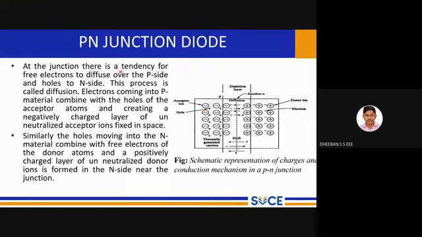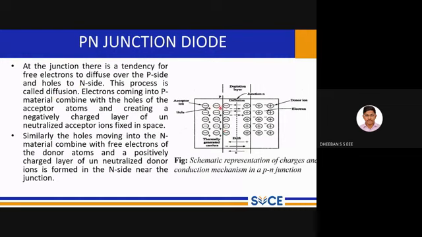At the junction, there's a tendency for free electrons to diffuse over to the P side and holes to the N side. So that's what I just said now. This is the junction. Already there are holes and already there's excess of electrons. If I am just diffusing both of them together, there occurs a process called diffusion.